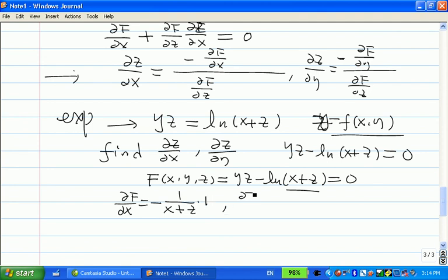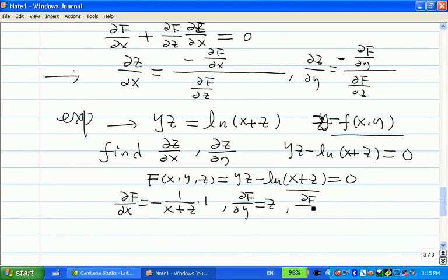Now let's find the partial f with respect to y. That means you treat x and z as constants. So for the first term you take the partial derivative with respect to y, treat z as a constant, and that gives you z. For the second one, treat x and z as constants, and you get 0. Okay, so that's it.